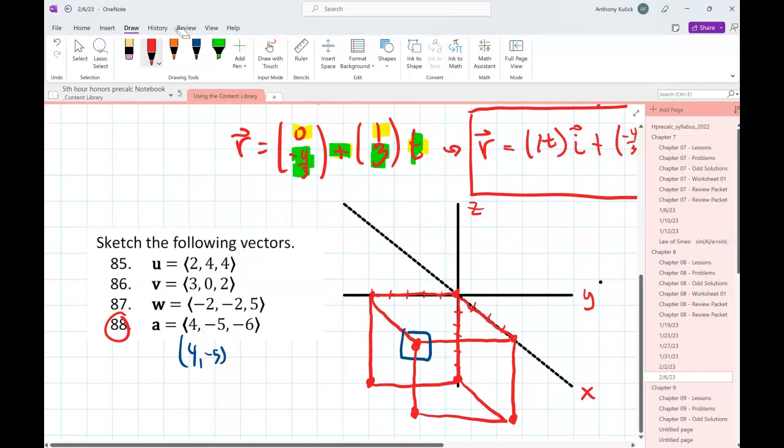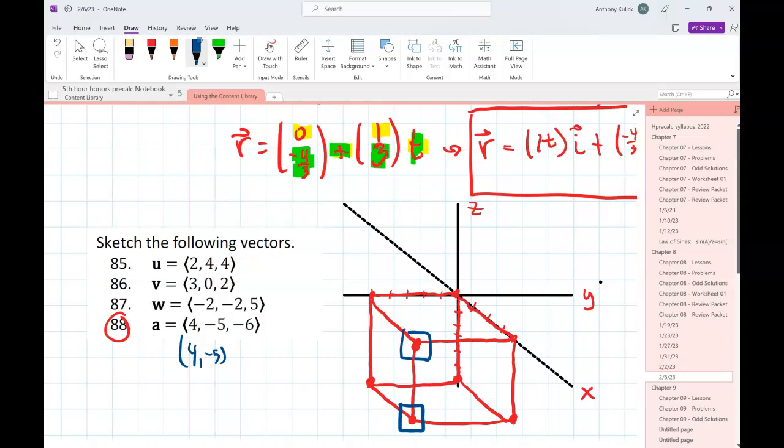That was a little bit off there. So that's my point for 4, -5, -6.